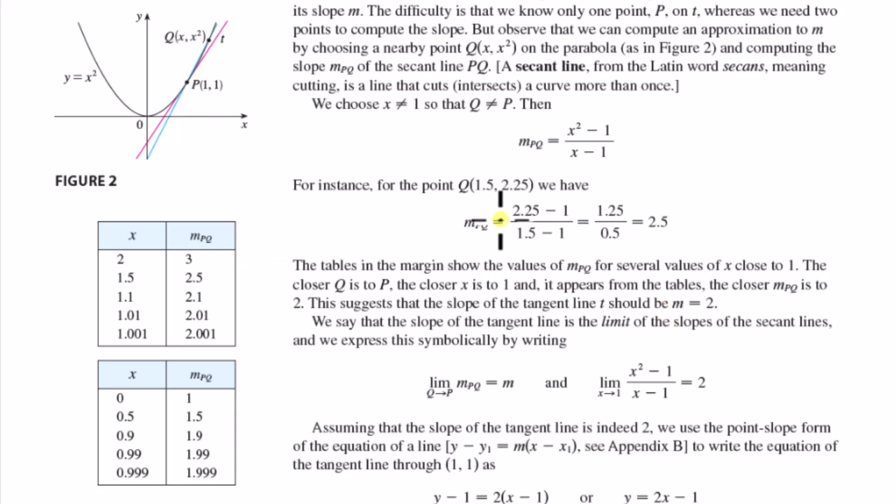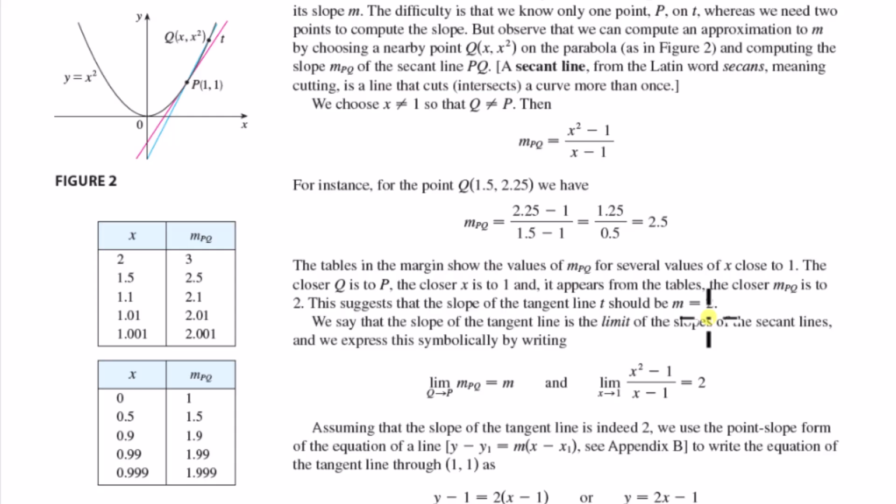MPQ is the slope of the secant line, but just M is the slope of the actual tangent line, and it looks as if we can say that M is equal to 2. But we didn't make any official statements here.